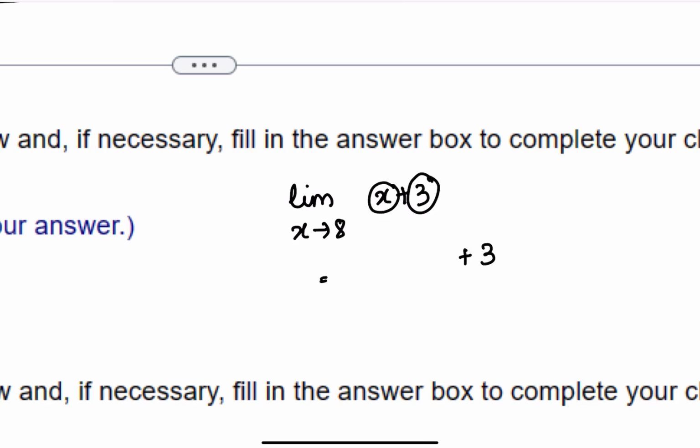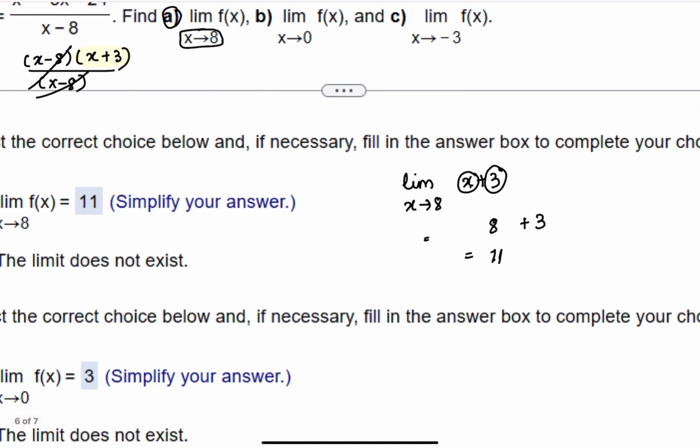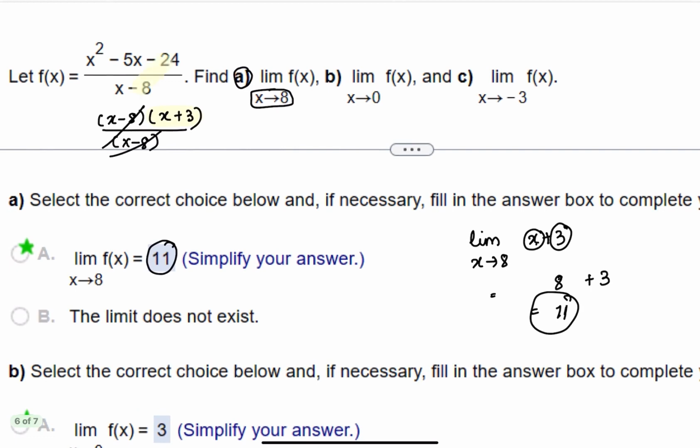Limit x approaches 8, the value of the function when x approaches 8 is 8. And this whole thing is 11. There you go. Now I have 11. So just by factoring and canceling, you simplify your function. And if you look closely, I don't have to use all of this. I can only use my x plus 3.